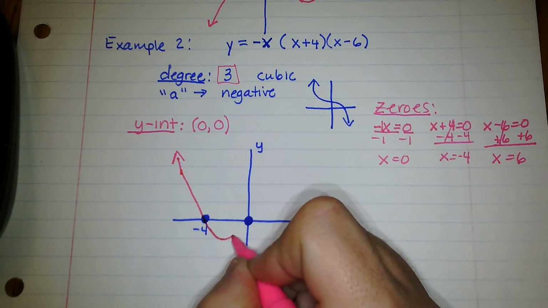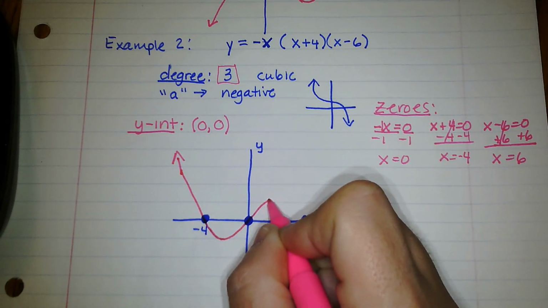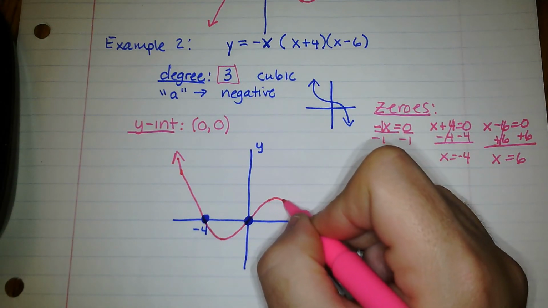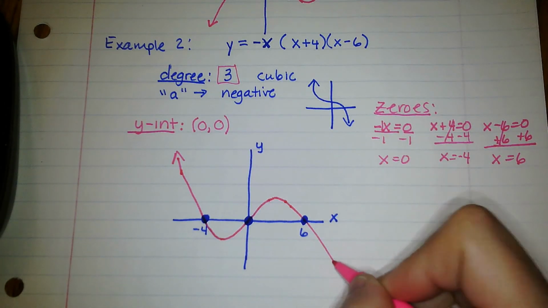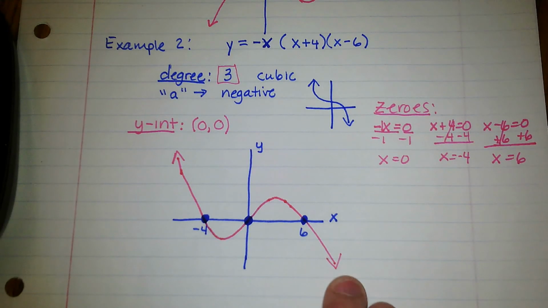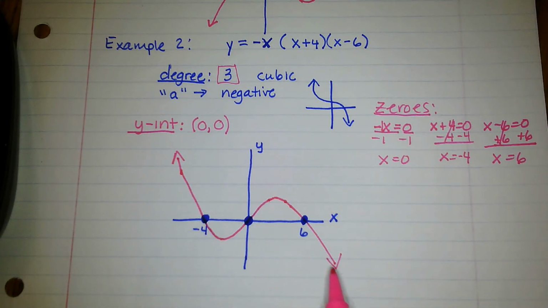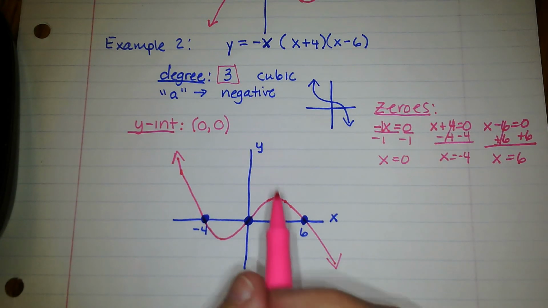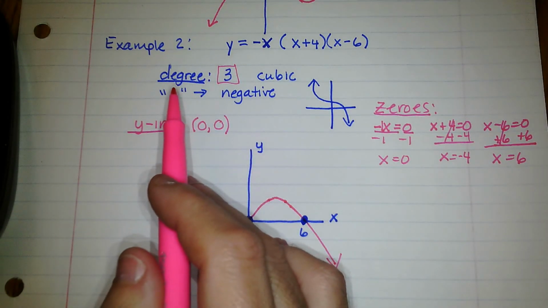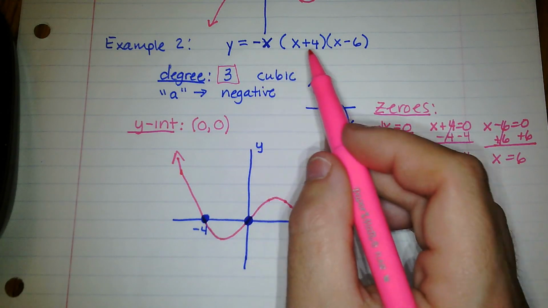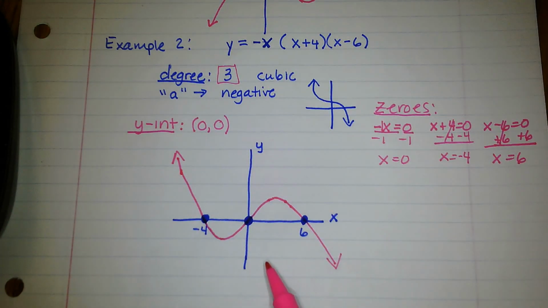So I have to come back through and cross at 0. Oh, I'm at 6. I have to cross back down. And I need to end bottom right. So cross, cross, cross. This is a cubic with a negative a in factored form. This is what the sketch would look like.